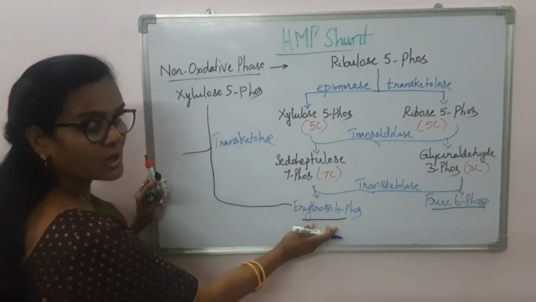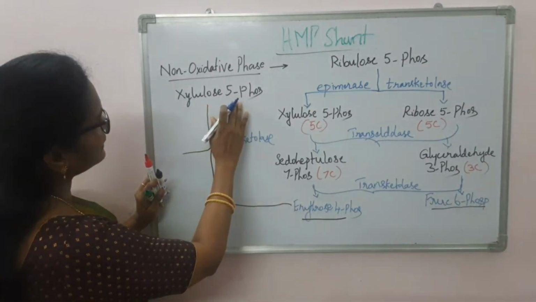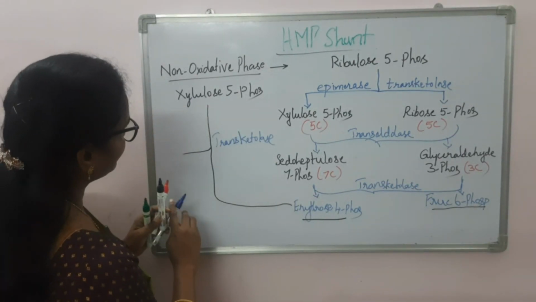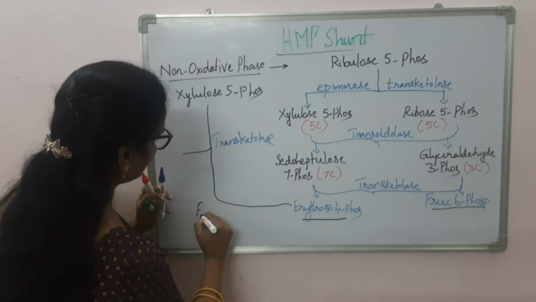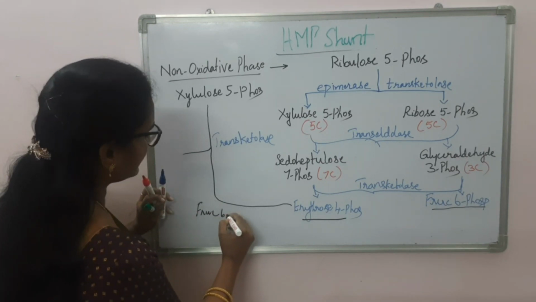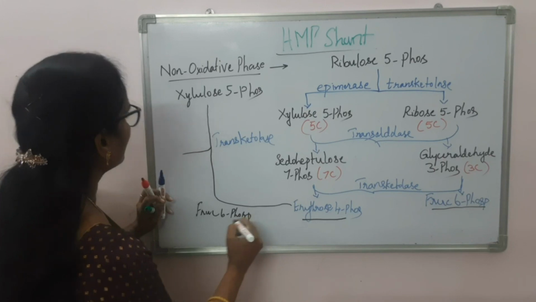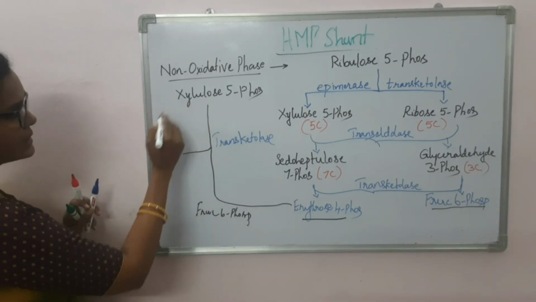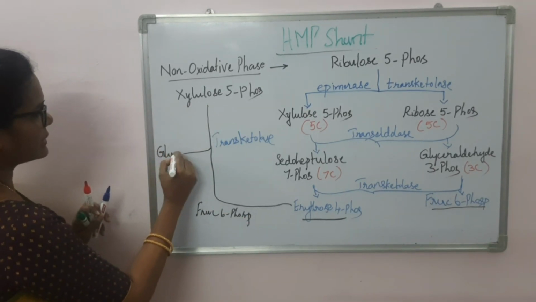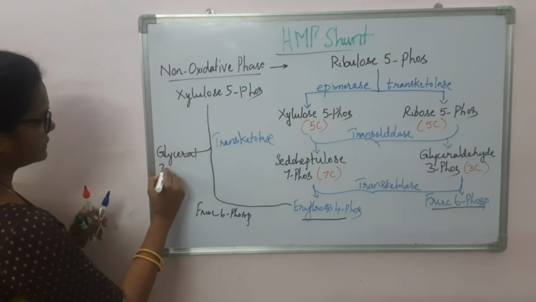When it receives the 2-carbon fragment from xylulose 5-phosphate, it becomes fructose 6-phosphate. Whereas the remaining 3 carbons are going to be formed as glyceraldehyde 3-phosphate.